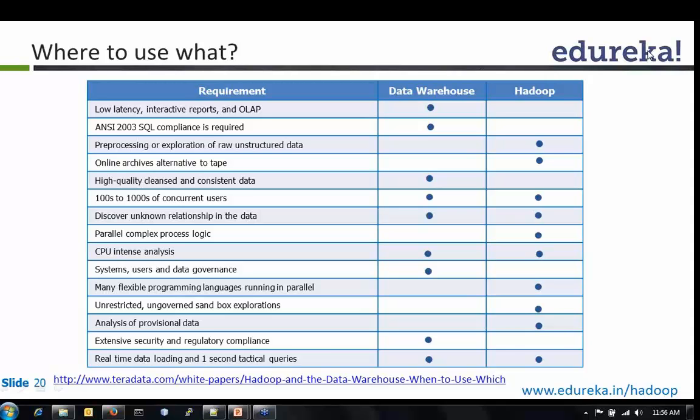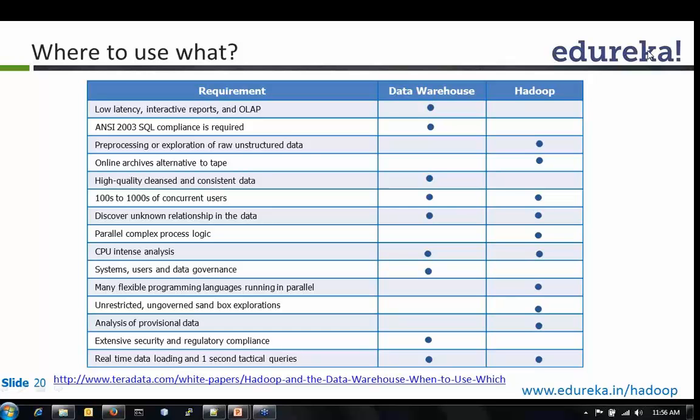When it comes to huge volumes of raw unstructured data, a data warehouse cannot handle this kind of situation, so Hadoop is the best choice. And when it comes to archival or storing big data for all your historical data volumes, again your data warehouse does not fit the bill.